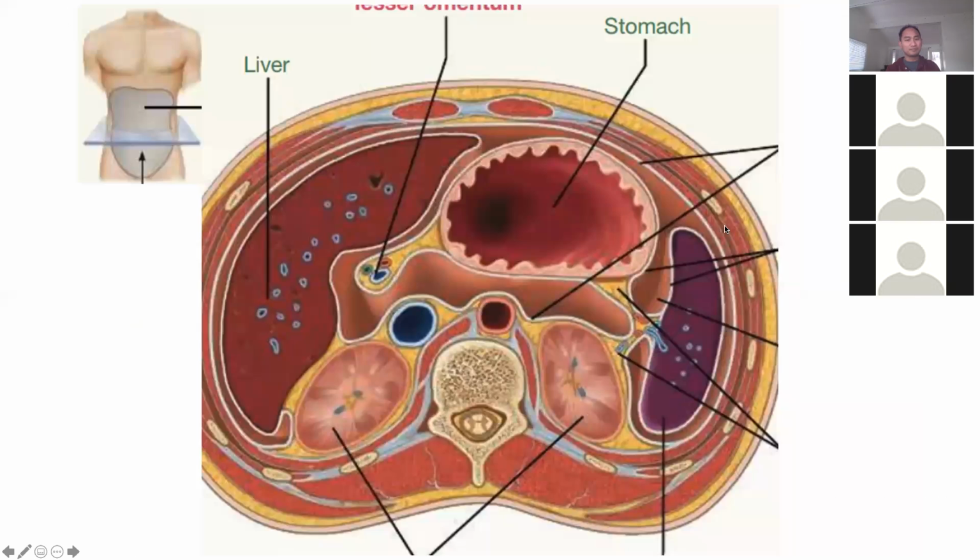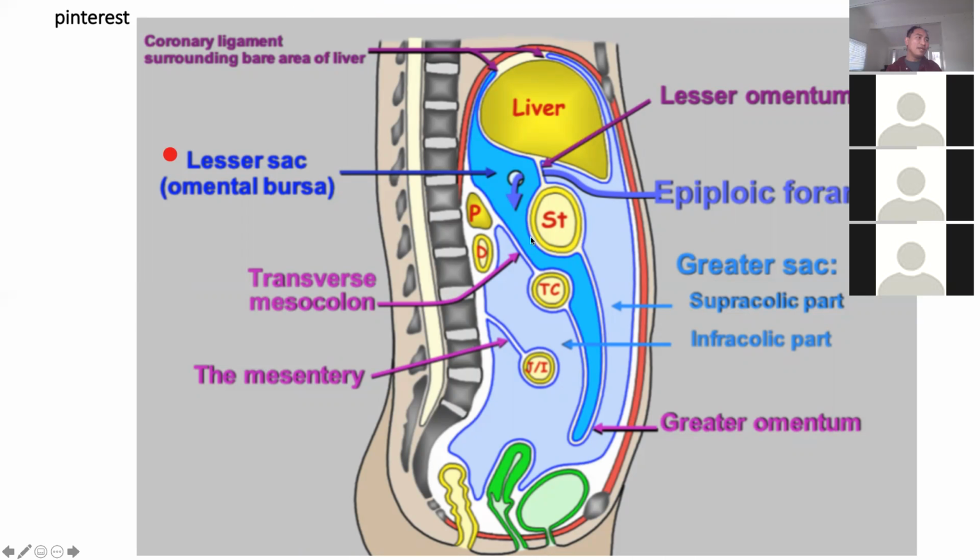And we said liver, this anterior abdominal wall, this parietal peritoneum covering the anterior abdominal wall goes up in front of the liver, goes to the top, and finally it folds back and then covers the liver. So this parietal peritoneum continues as visceral peritoneum, covering the front of the liver, the inferior surface of the liver.